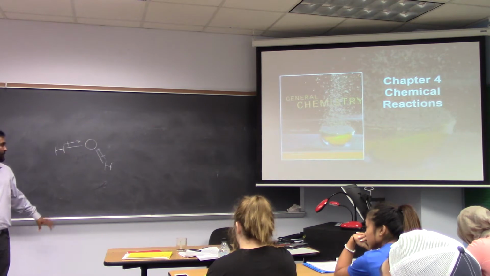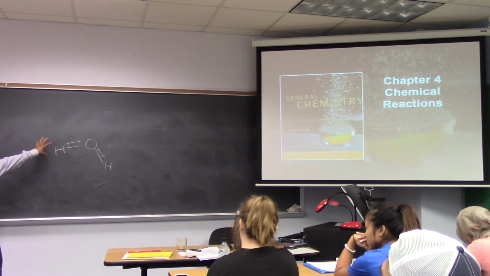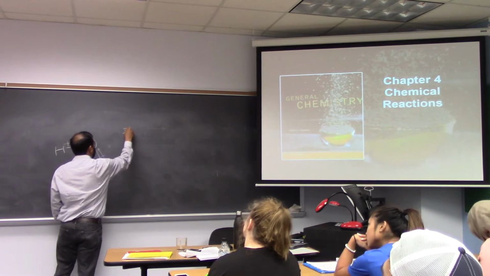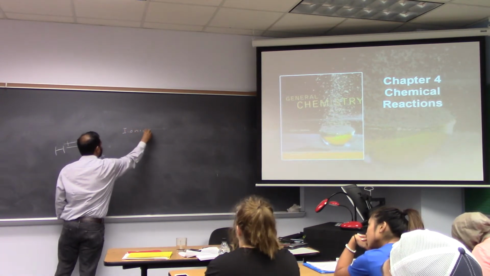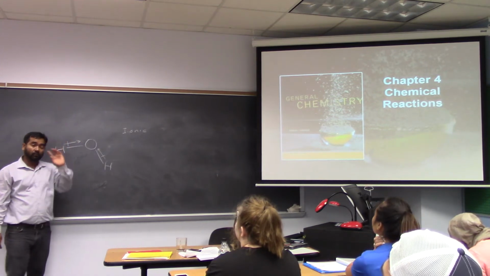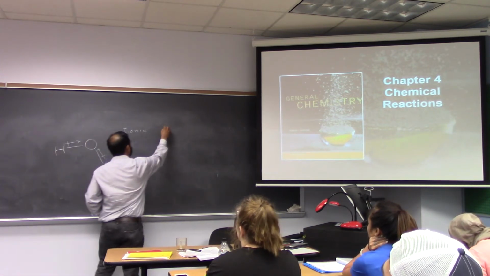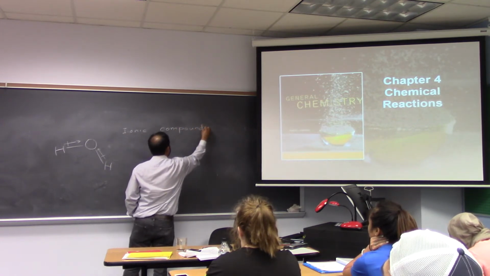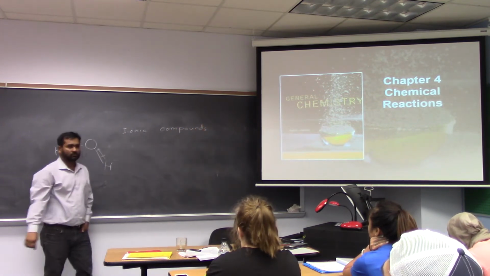So what are they? First of all, the most important is ionic compounds. Ionic compounds are the number one type of compound that dissolves in water. So these are the polar compounds.